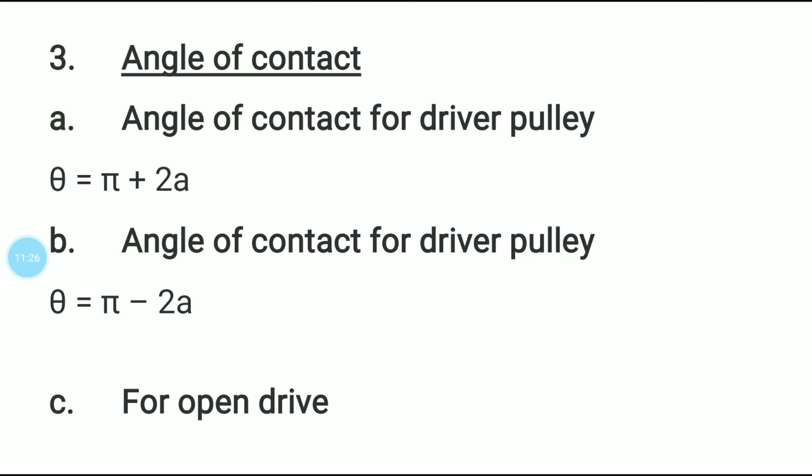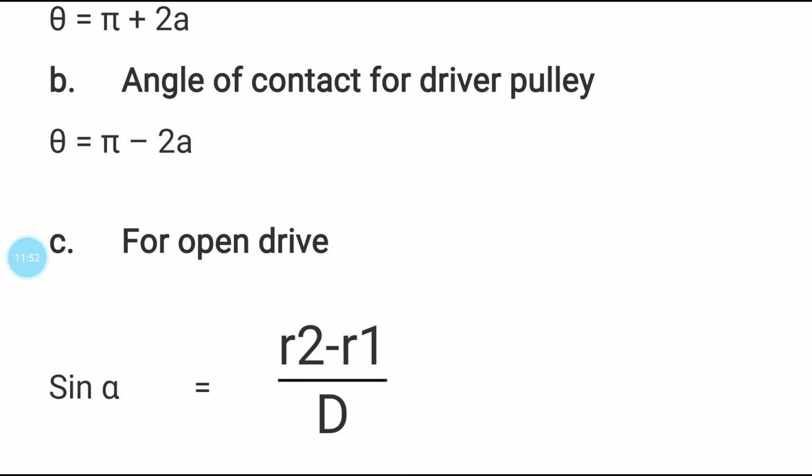A means angle. If A is given, you can easily find out the theta value. Otherwise, if theta value is given, you can find out the A value also. Just leaving the A on this side, it will come theta minus pi divided by 2. Like that you can find the A value.